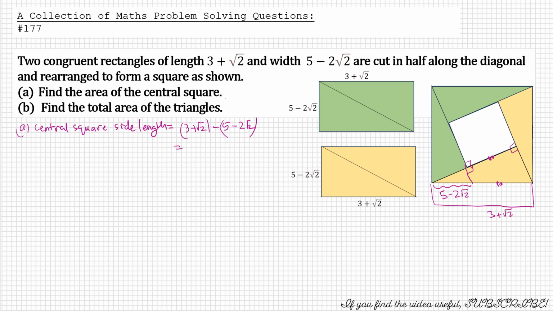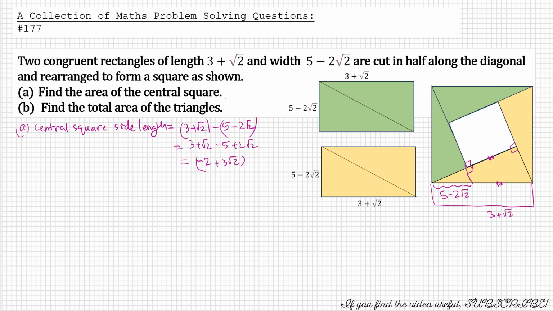That would equal 3 minus 5 plus root 2, we remove the bracket first, plus twice root 2. And that equals 3 minus 5, which is minus 2, plus 3 root 2. That is the side length.